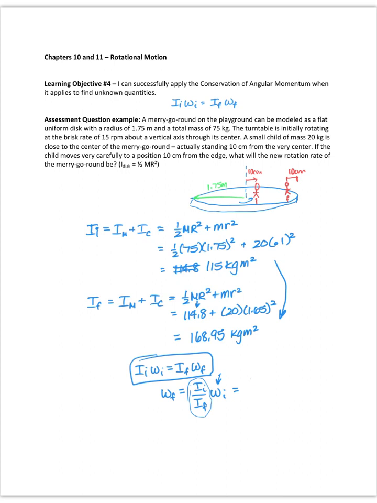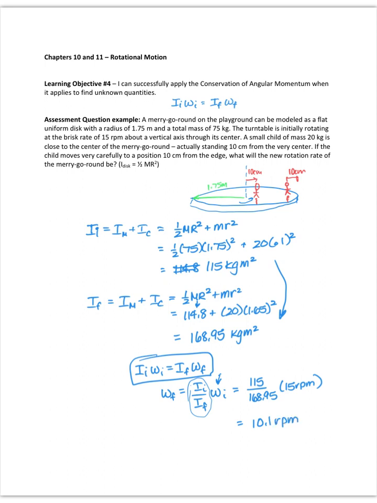So if I use 115 as the original moment of inertia and 168.95 as the final, and I use 15 RPM as the initial rotation rate, when I solve for this I get 10.1, and this is also RPM.